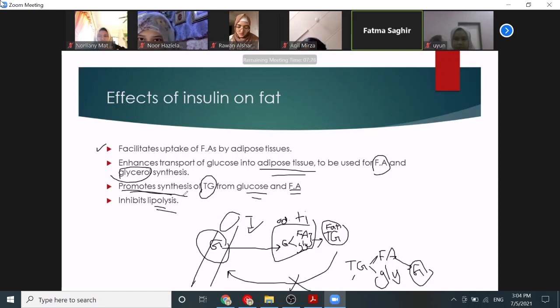So it will inhibit breakdown of triglyceride, because if we break down triglyceride, we are going the opposite way. We get glucose again, so that's not the function of insulin. By the end, you can see we decrease glucose in the blood by insulin working on fats.